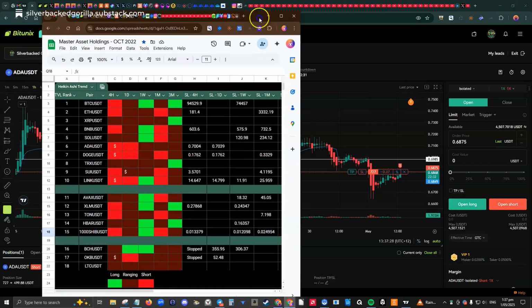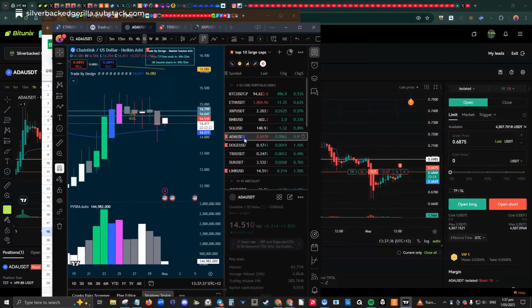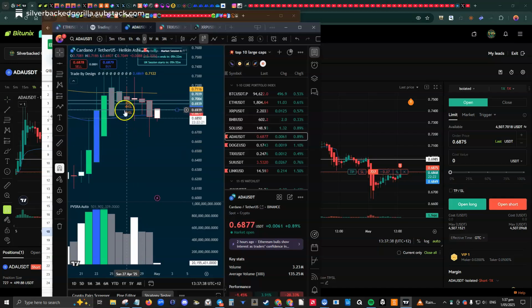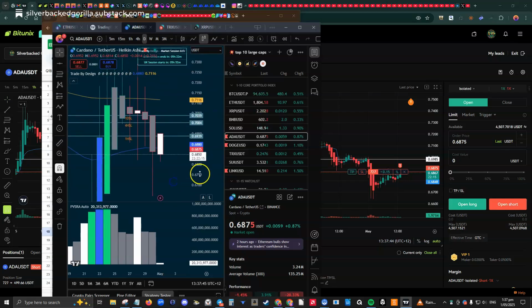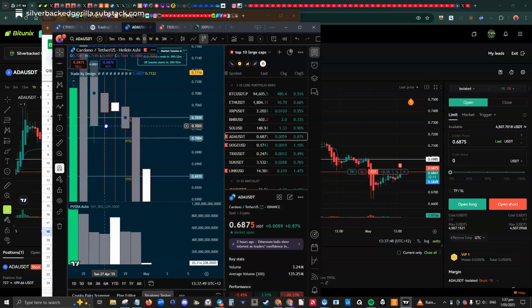Now the stop loss level on that is, I'll bring this across. On ADA, my 1 day stop loss level is up here. You can pretty clearly see it there if I just move this across.